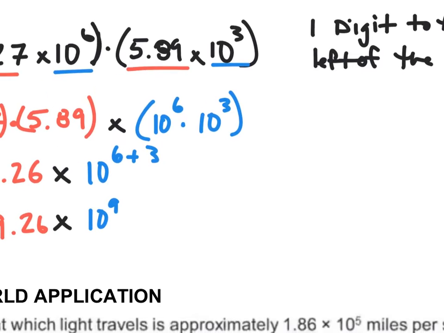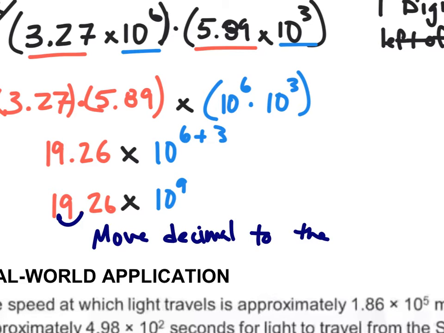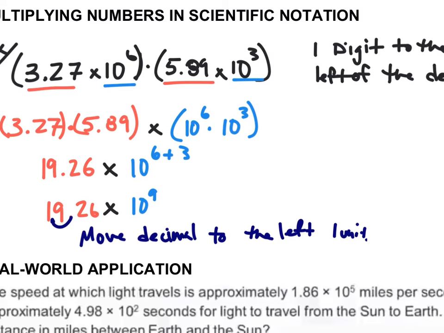What I have here in this instance is 19.26, okay? So in this instance, what I need to do is move my decimal place to the left, okay? So I'm going to move the decimal to the left 1 unit.